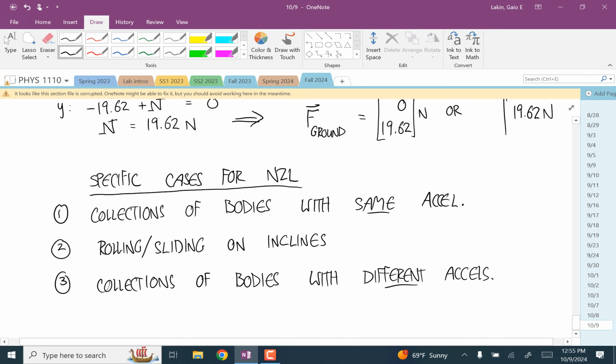And these are always going to be bodies that are connected by cables and using pulleys. So those are basically the next 3 lessons we're going to do.